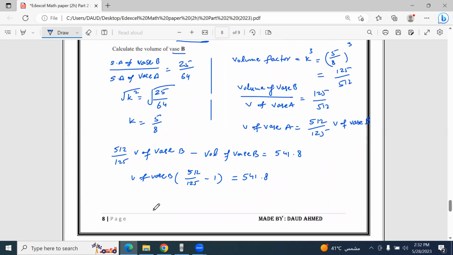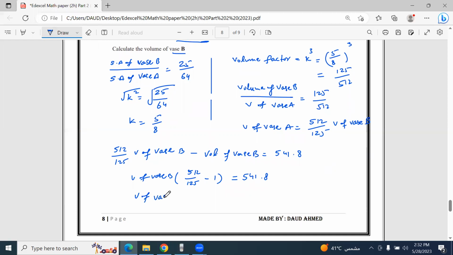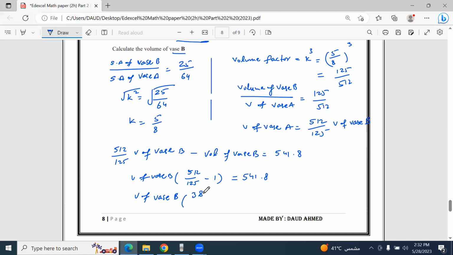If you check in the calculator, 512 over 125 minus 1 gives me 387 over 125.